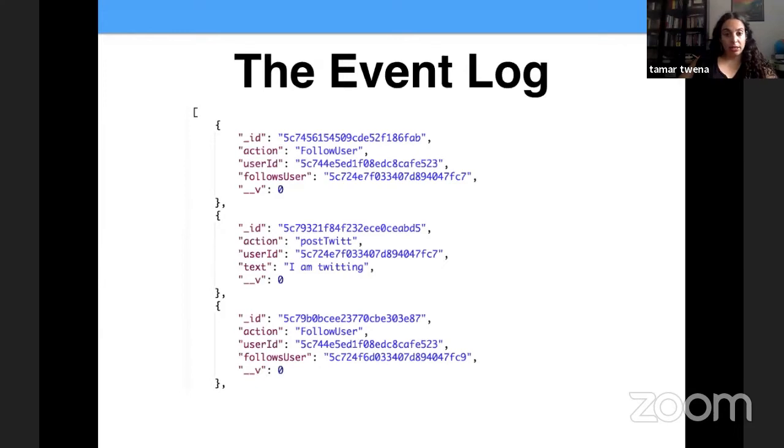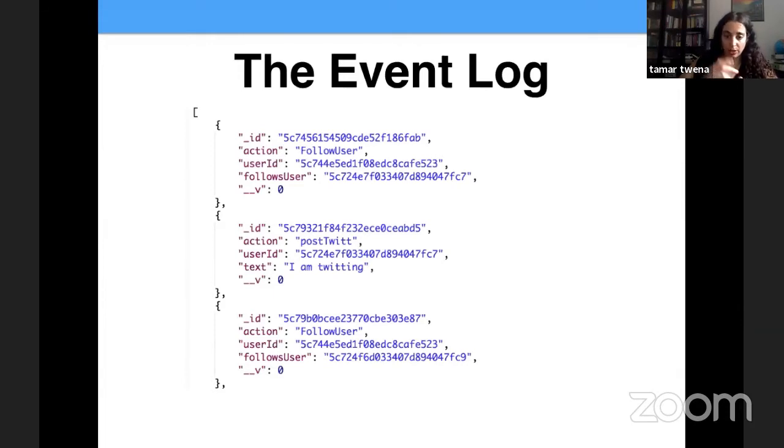Let's look at it. We have the first action, which is follow user, and we have the ID of the action, and the user ID, that is the user who is actually performing the action. That user is saying, I'm going to follow another user.